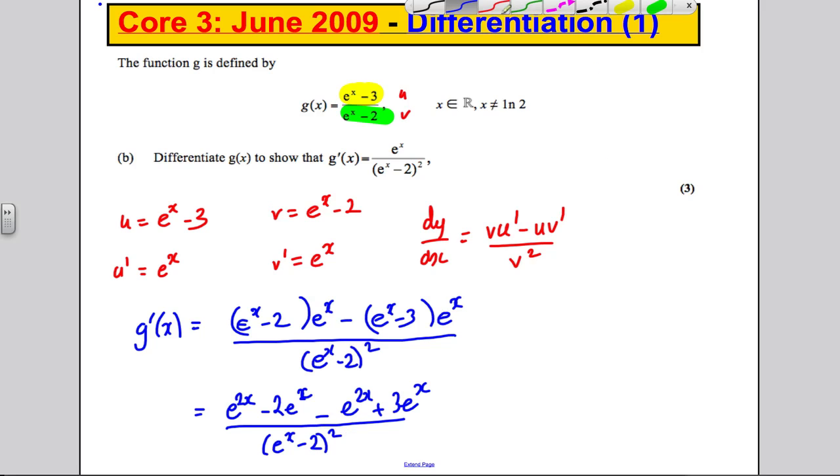And we're virtually there now, because that e to the 2x cancels with that e to the 2x. Negative e to the x plus 3e to the x is just e to the x over e to the x subtract 2 squared, and we've got what we're looking for.